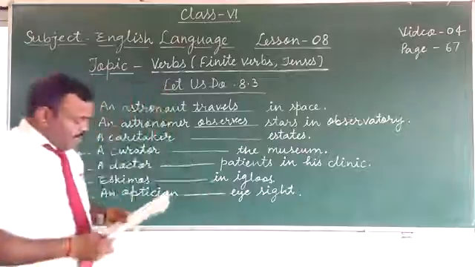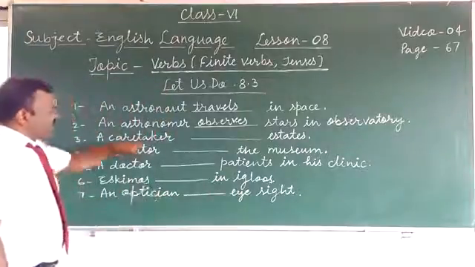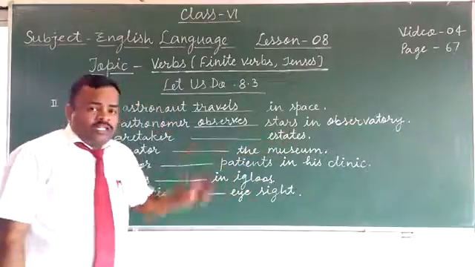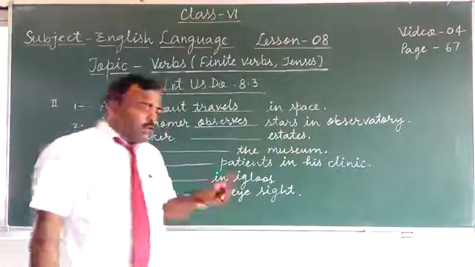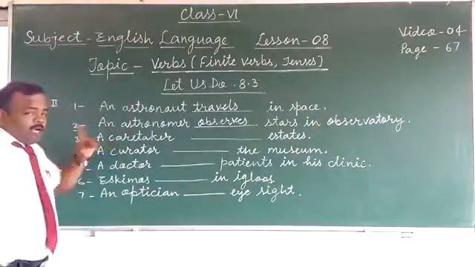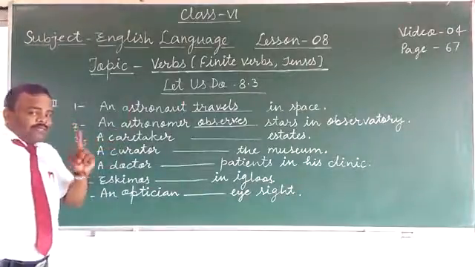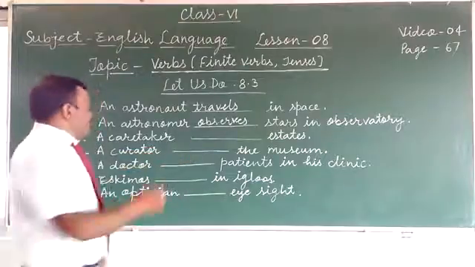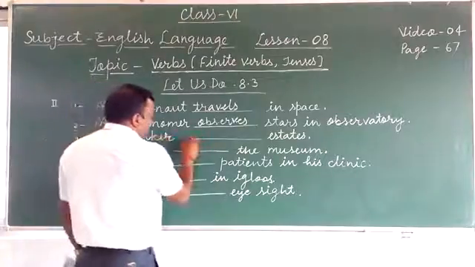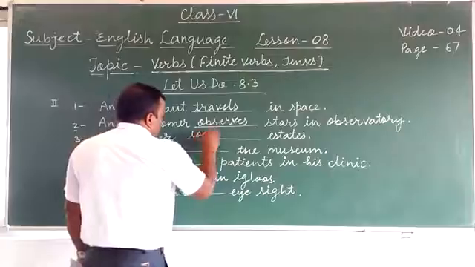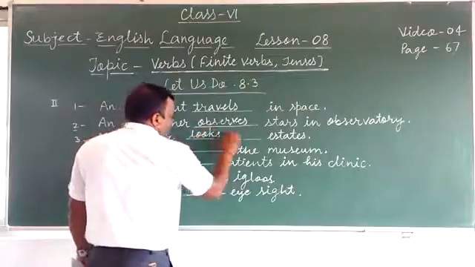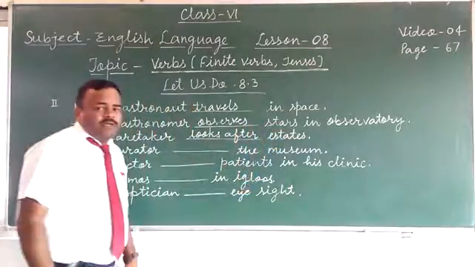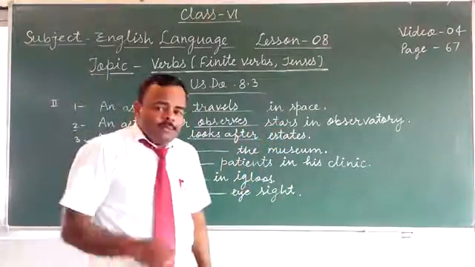Next: a caretaker estates, means properties. So what is the duty of a caretaker? Here the subject is also one. A caretaker means one person. What does he do? He looks after. A caretaker looks after estates, means properties, buildings and other properties.